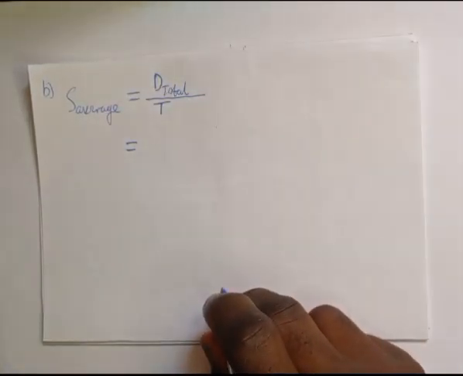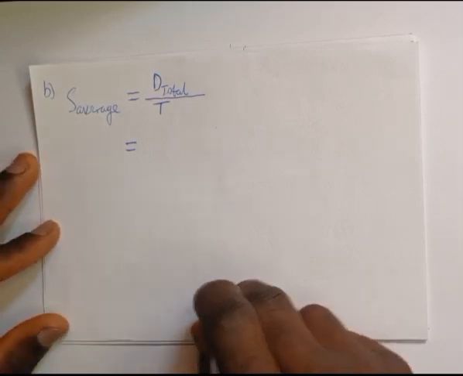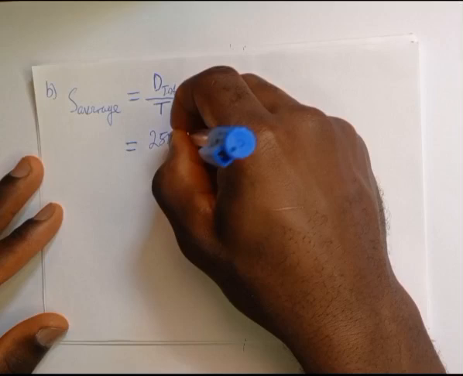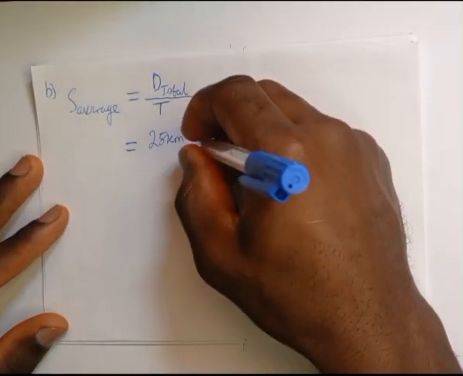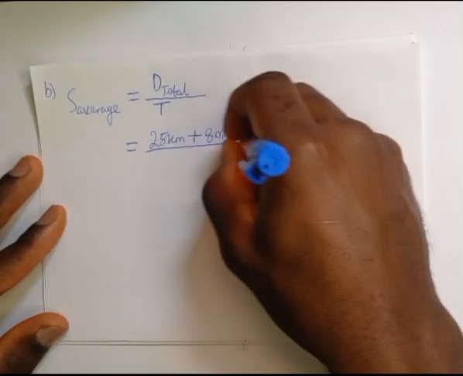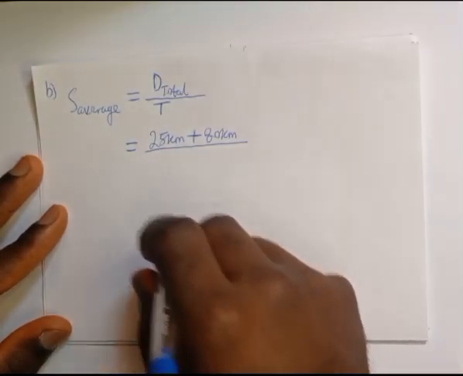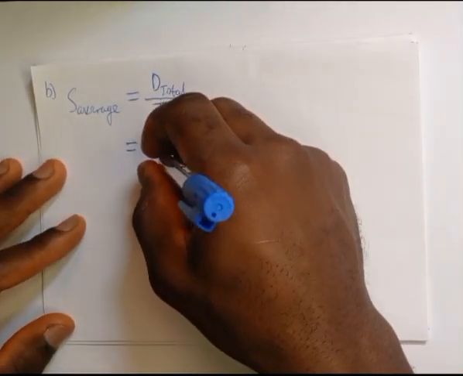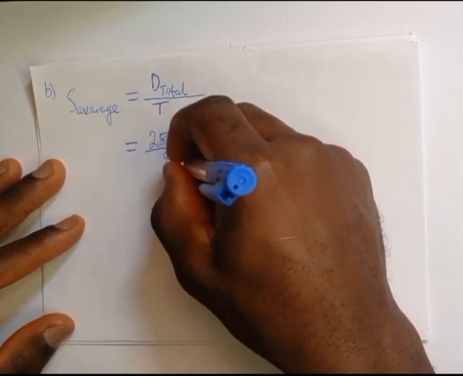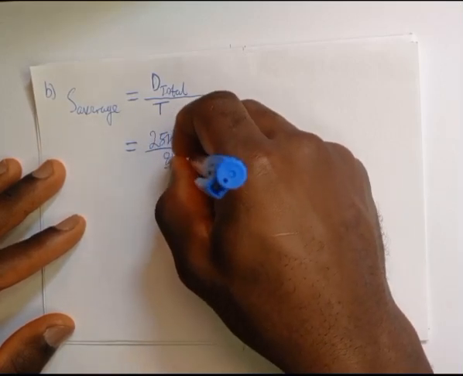For the first phase, the cyclist covered a distance of 25 kilometers plus, for the second phase, the cyclist covered a distance of 80 kilometers. We divide by the total time taken, which is 89 all over 20 hours.